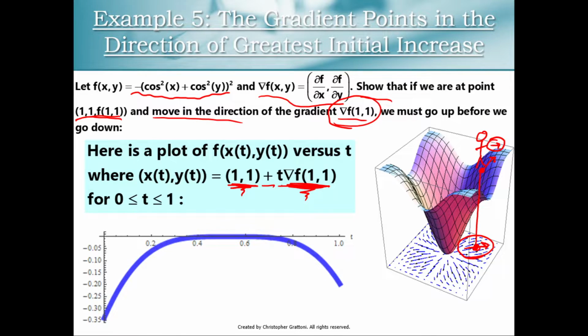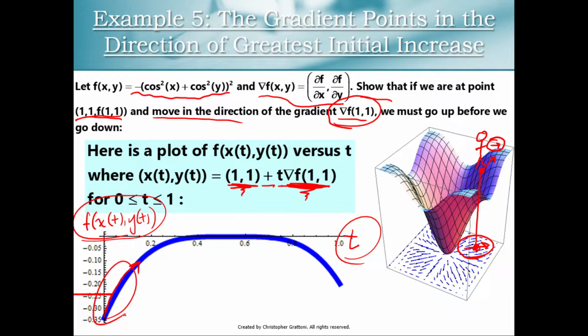And as you might guess, if we plot our altitude versus time, this graph right here is a graph of f(x(t), y(t)) versus t. So our altitude versus time. And you can see that our altitude is going to increase when we take our first step.